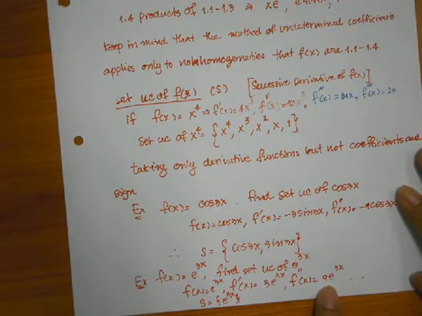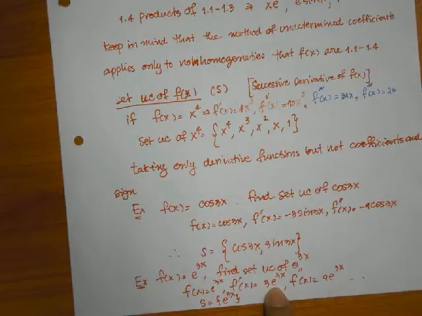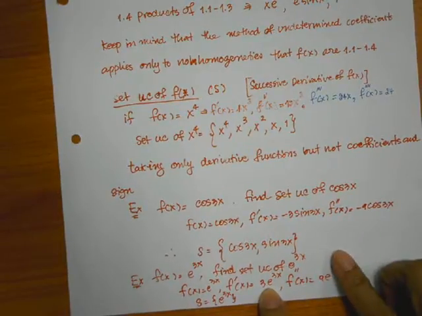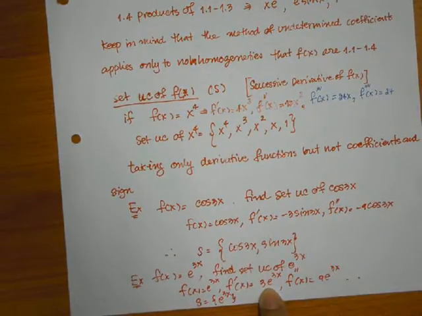Looking at the function itself, it has only exponential of 3x. In that case, you don't need to go further. The set of successive derivatives of exponential of 3x is just exponential of 3x.